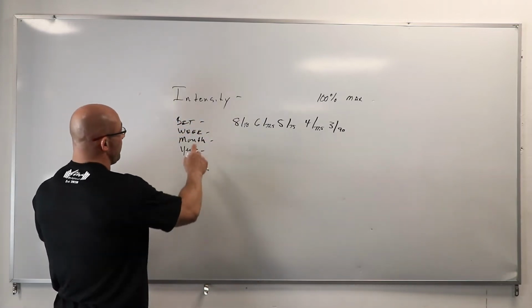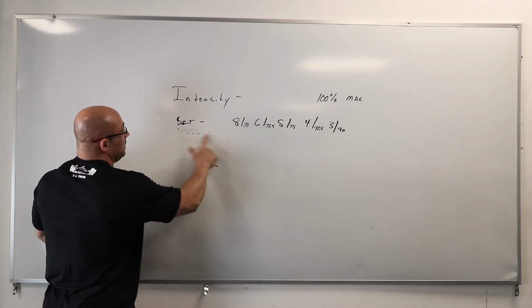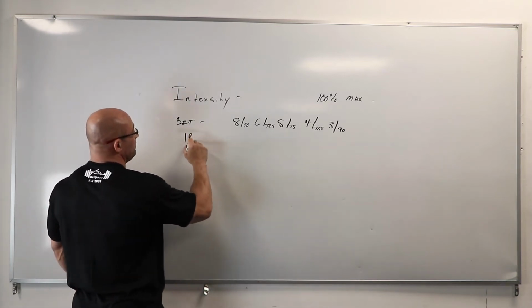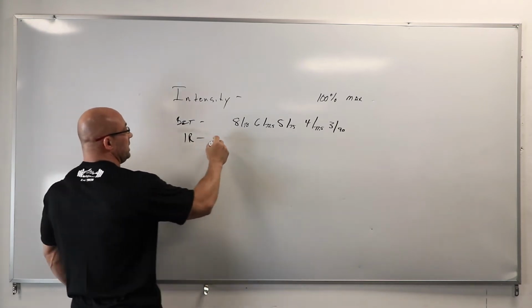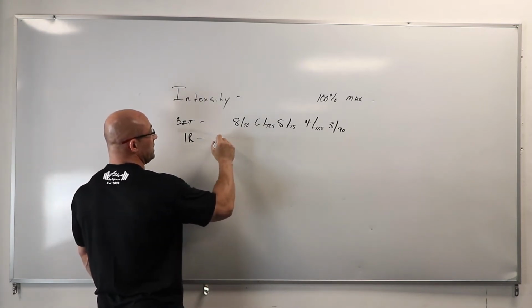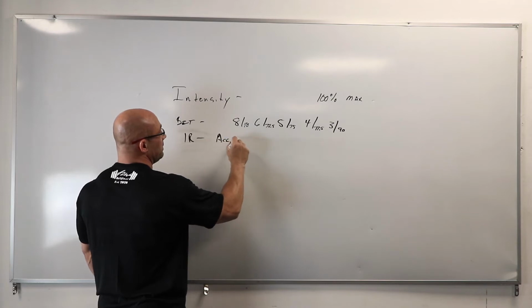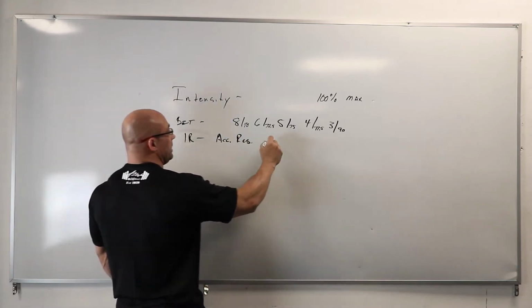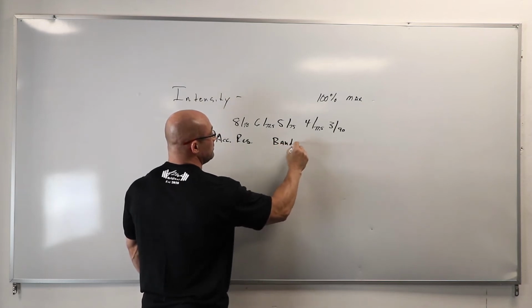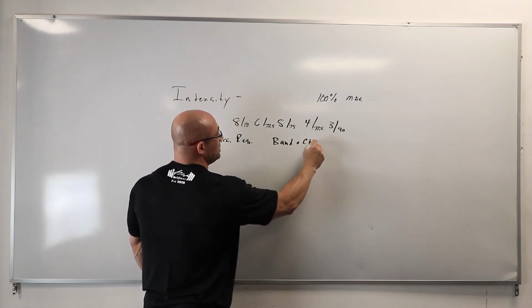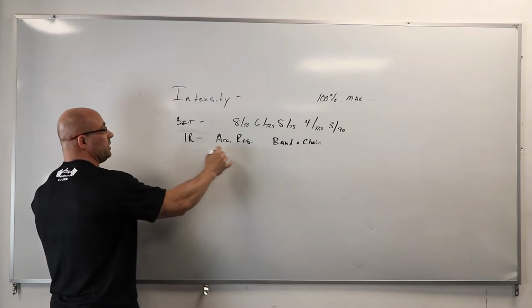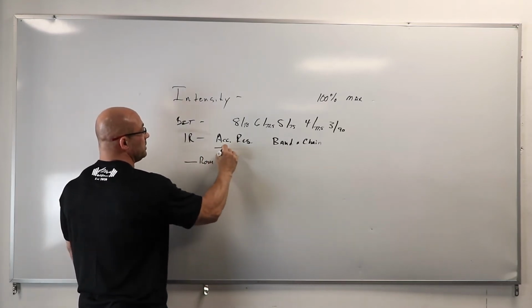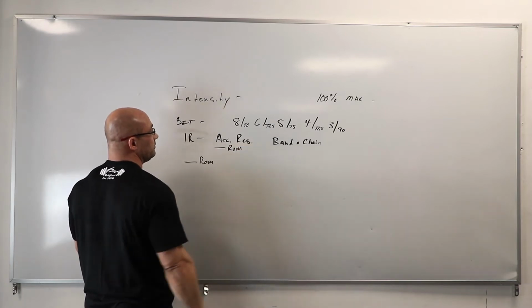In an actual 1 rep or 2 rep, you can change the intensity using such things as accommodated resistance. So using bands and chains, you can increase intensity from the bottom part of the range of motion to the top part of the range of motion.